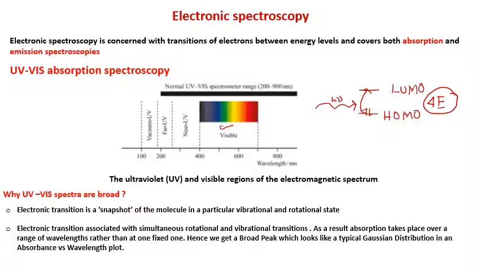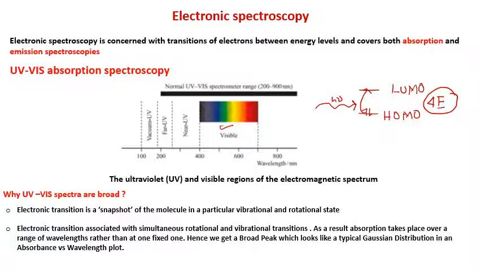So you might expect that the transition from one electronic energy level to another gives rise to sharp, line-like spectra, just as you have observed in atomic absorption spectroscopy.